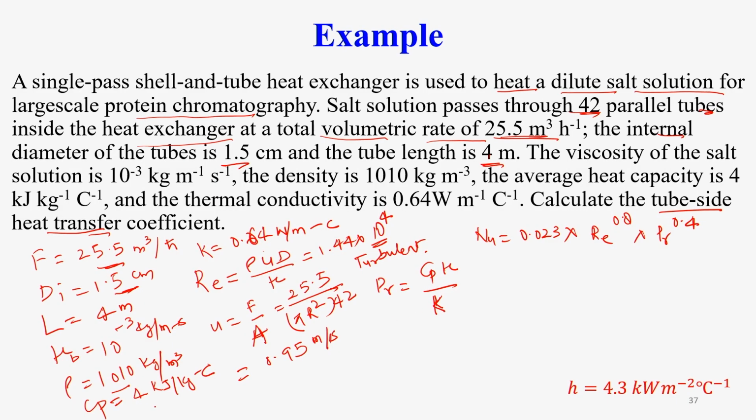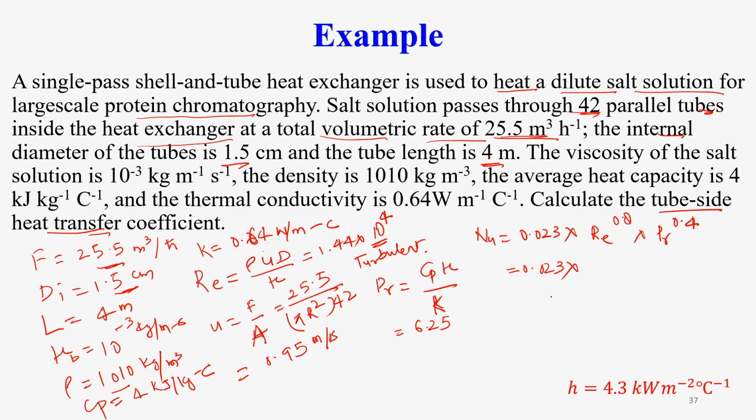Cp is 4 kilojoule per kg degree centigrade, mu is 10 to the power minus 3 and K is 0.64. We will get the value of Pr as 6.25.